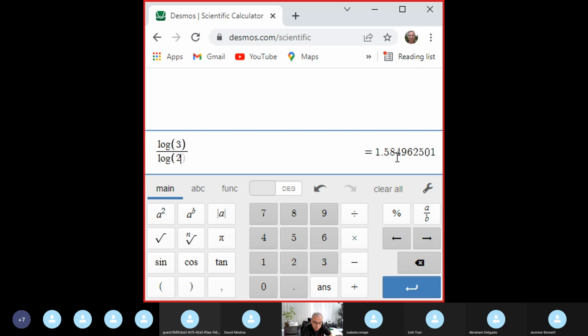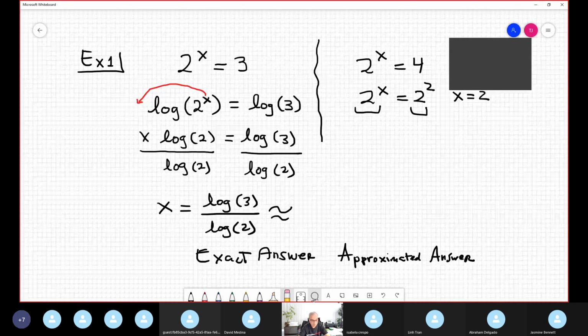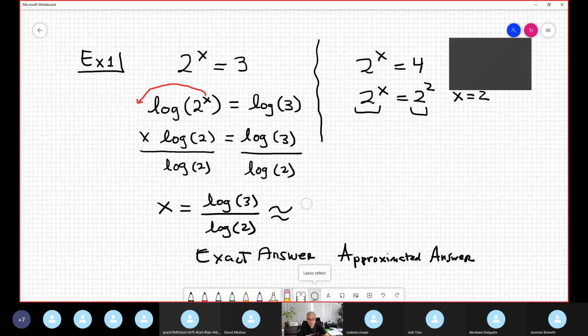According to this approximation, the answer of this problem, our problem, is 1.5850.